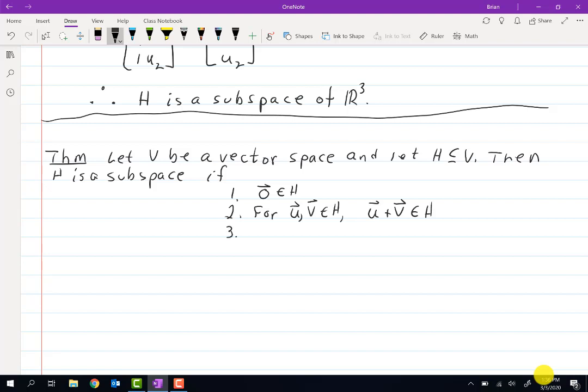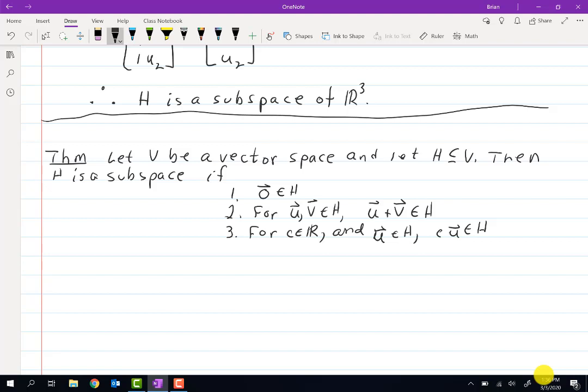And then 3, for a real scalar C and a vector in H, C times the vector has to be in H. So that's sort of a closure property as well. But we've gone down from 10 to only 3 properties that we have to check.